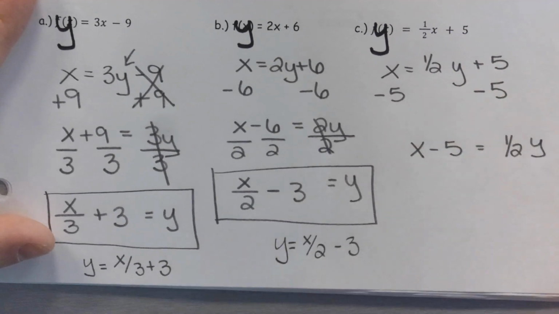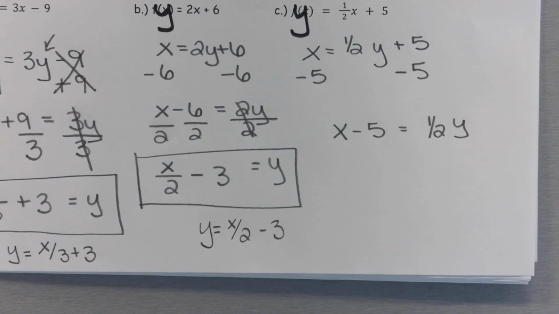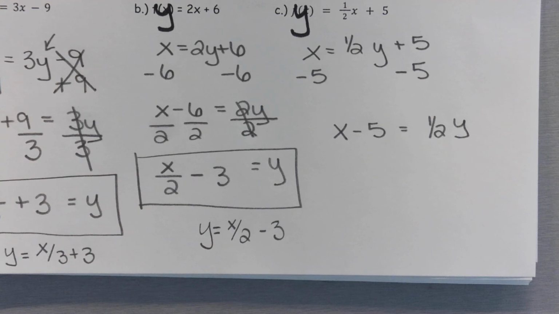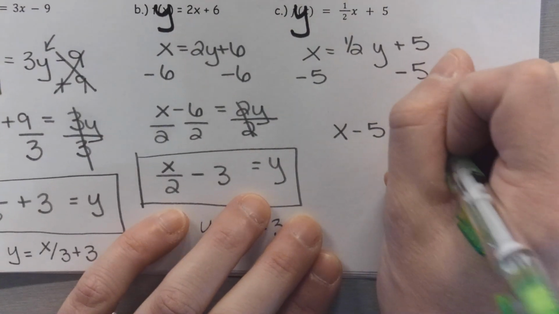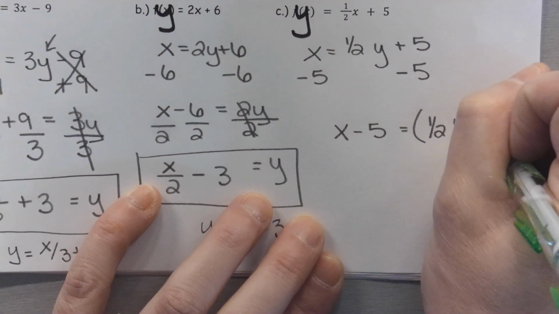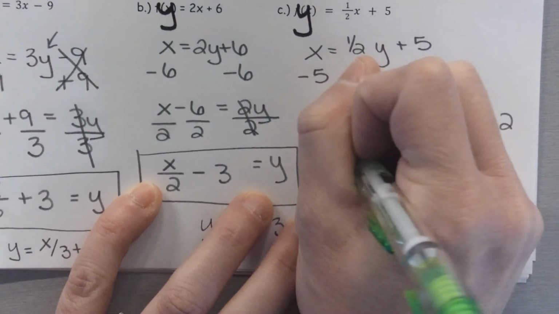Okay. If we have 1/2, and it's a fraction, right? How can I get rid of a 1/2? So it's already kind of got some division in it. Multiply is going to be the answer. What should I multiply by? Yeah, multiply by 2.